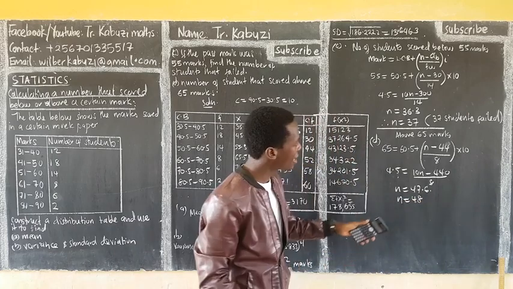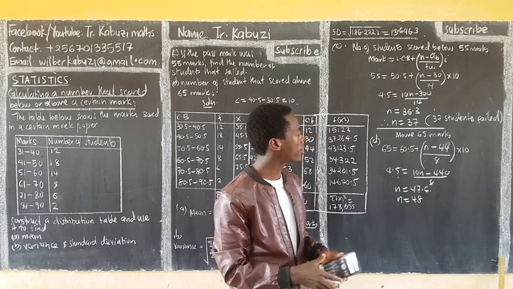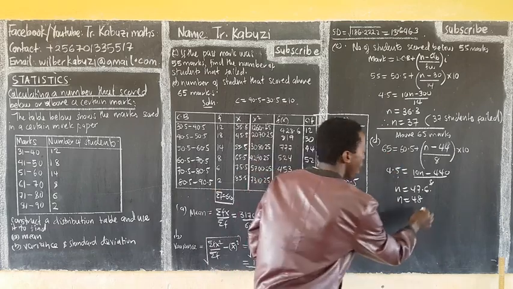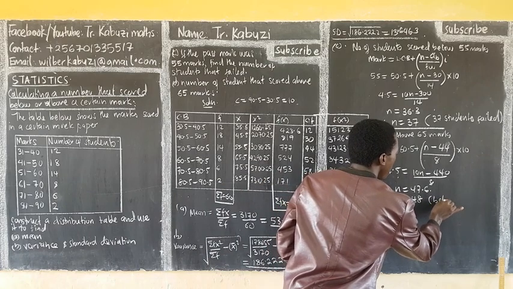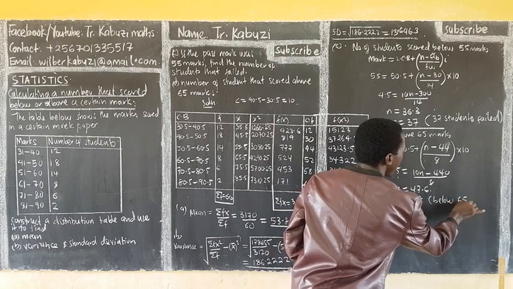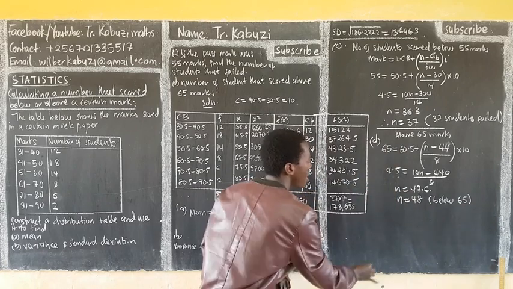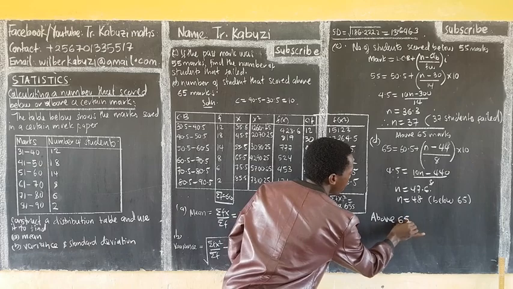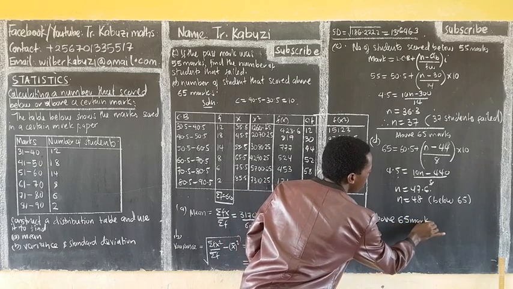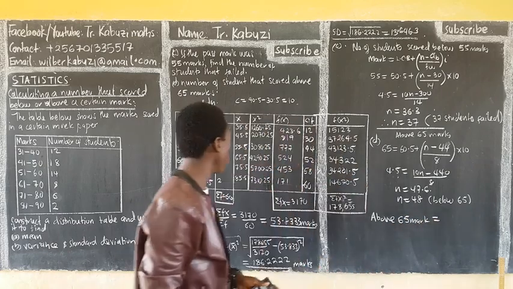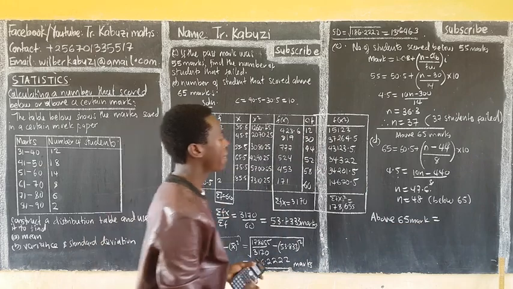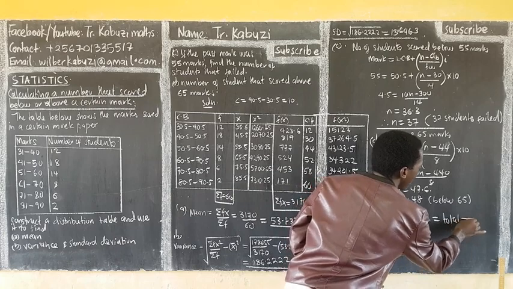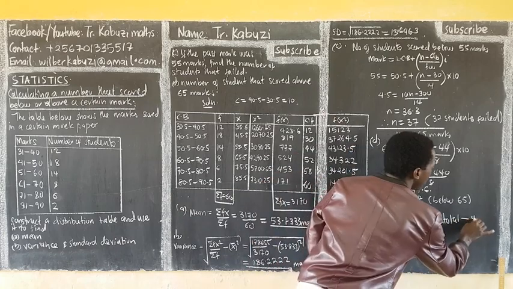By now, this n is the number who scored below 65. So these ones are below 65. Now those who scored above 65. For above 65 marks, we get the total number minus the 48.